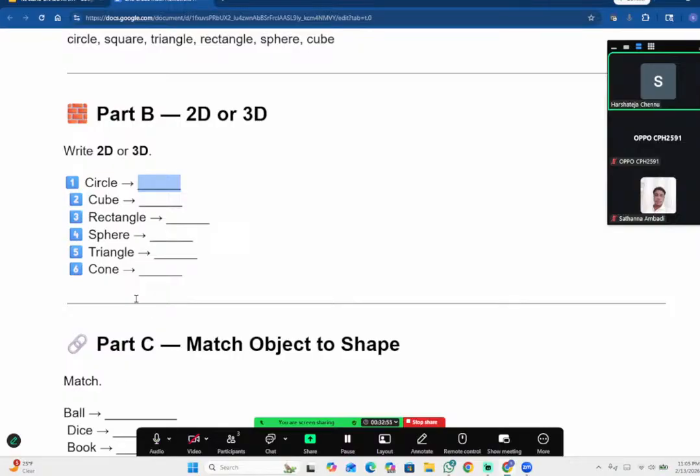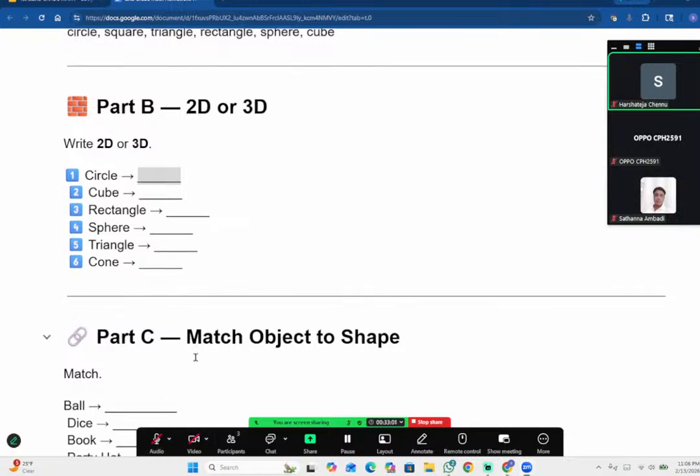First one. A circle is a flat 2D object, a shape.